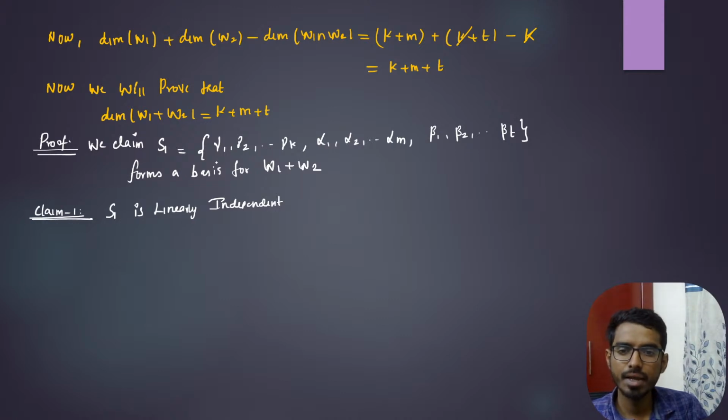That means you take a linear combination of these with scalars, and you need to show that all the scalars are zero.